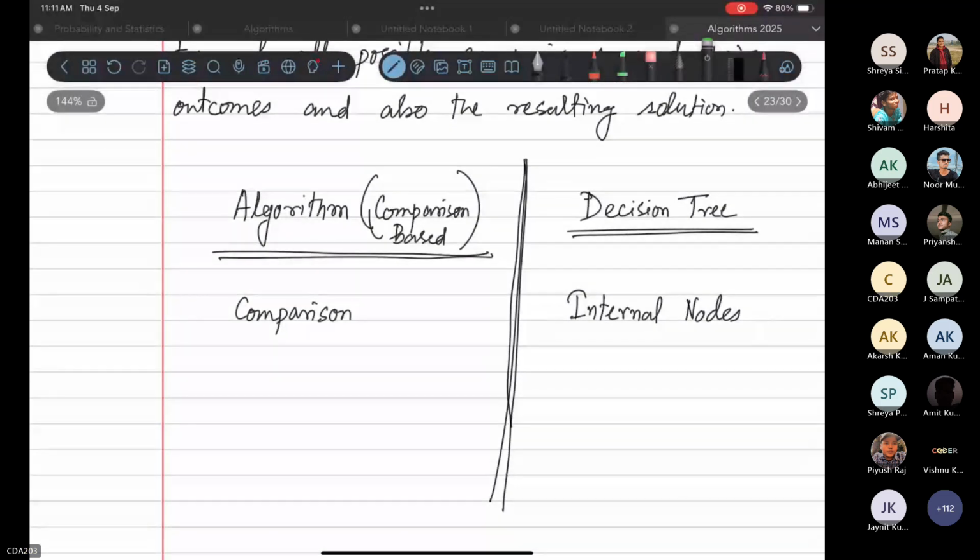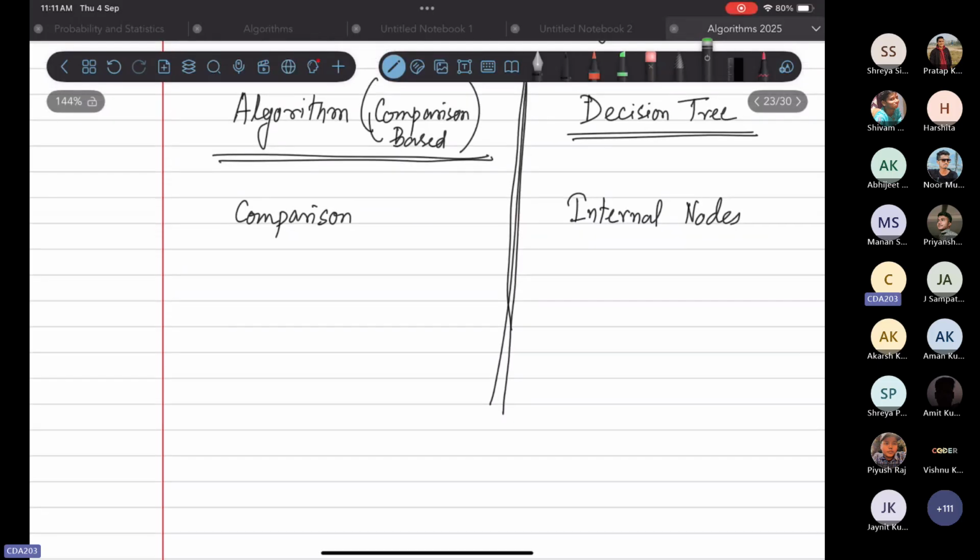So a comparison in an algorithm corresponds to an internal node in the decision tree. Internal nodes in a decision tree are representing a comparison. Okay.